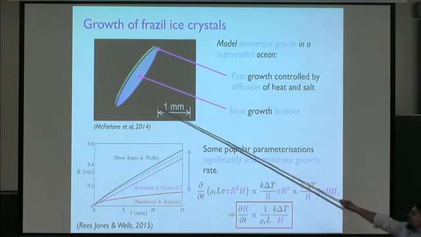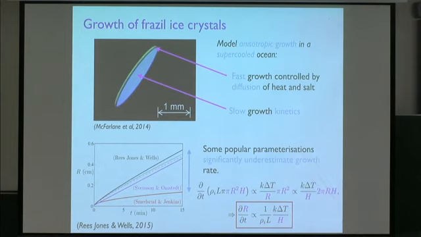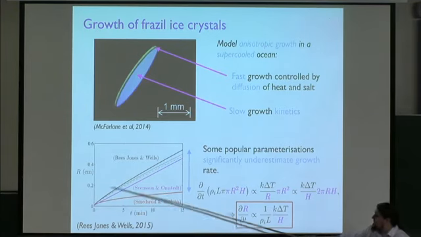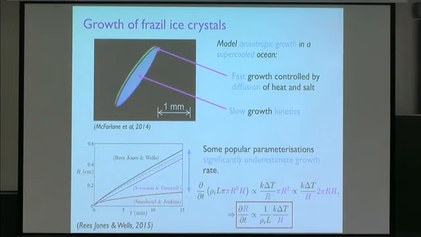Whereas these relatively flat faces, the top and the bottom of your pennies, will grow relatively slowly as a result of the kinetics. So when you feed this into a model of the heat transfer and the salt transfer, you can predict how the radius would evolve over time for some particular supercooling.